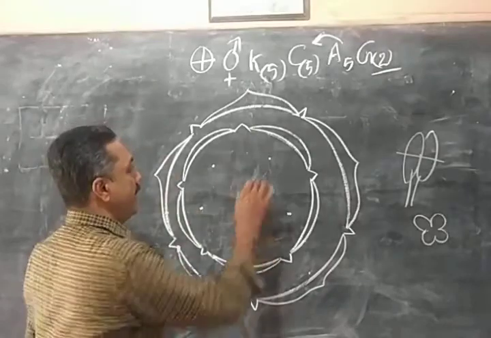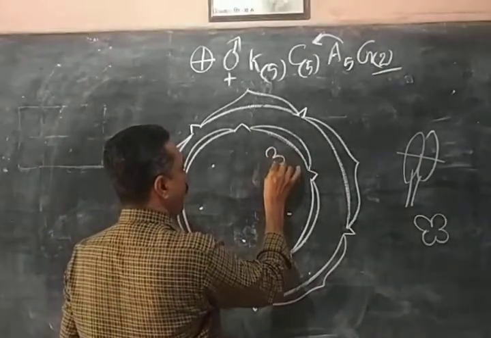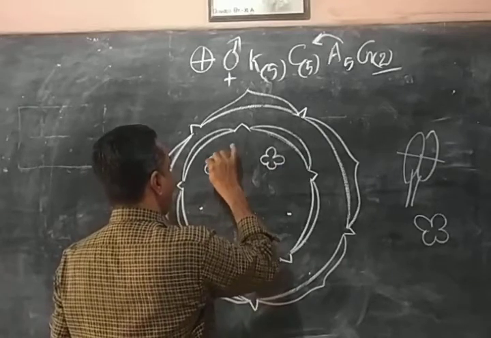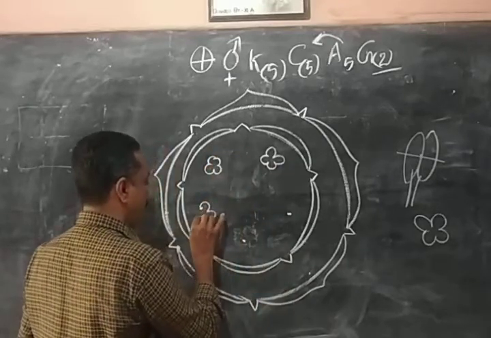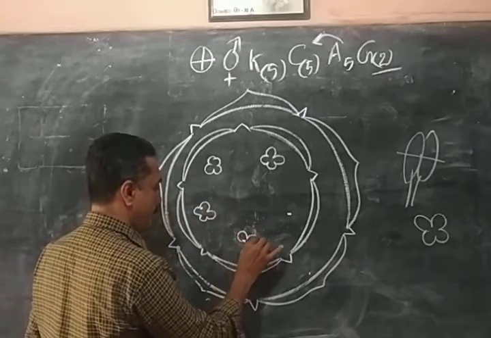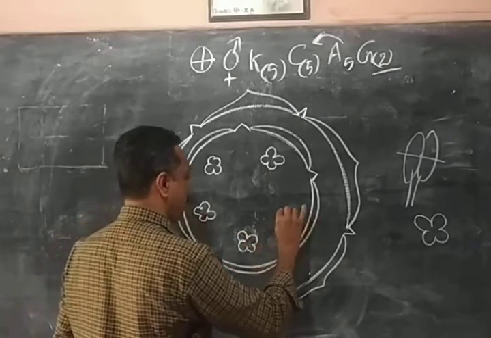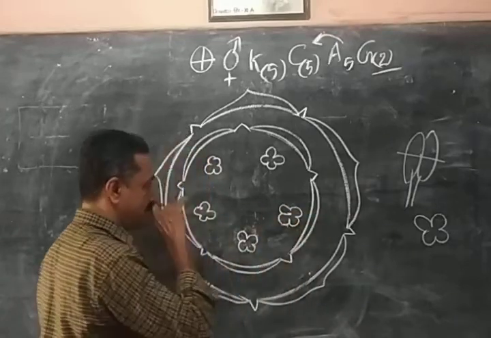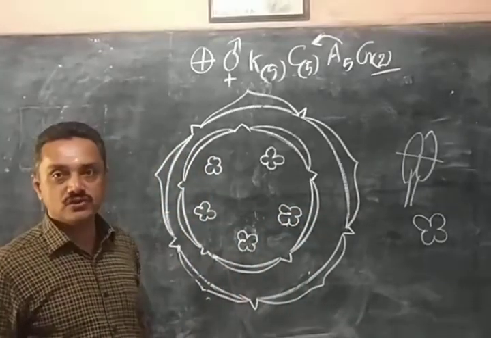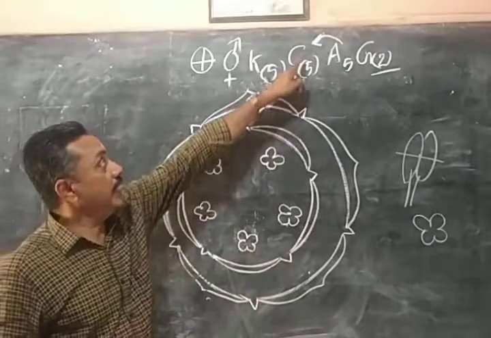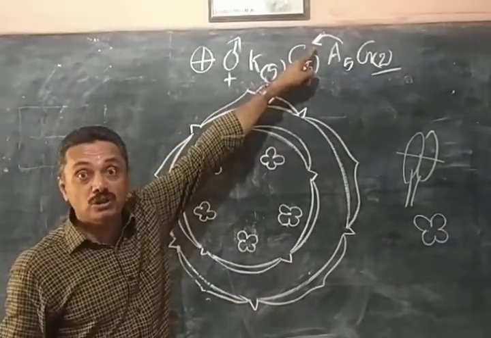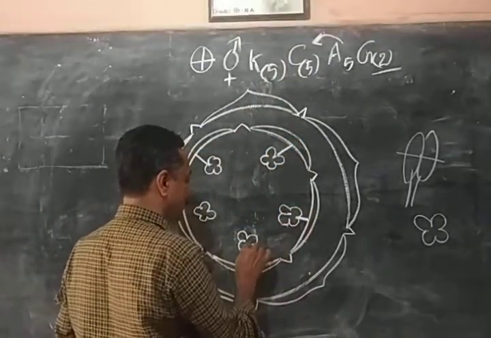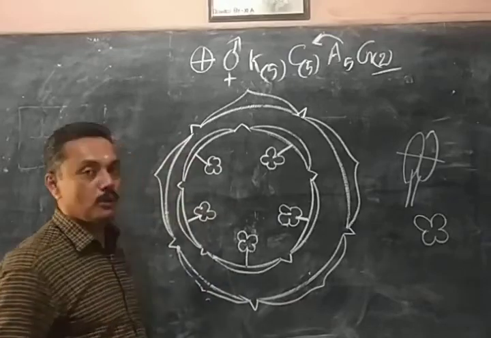We represent the same in the diagram. Five stamens. There is an arrow marked, epipetalous, attached above the petals.